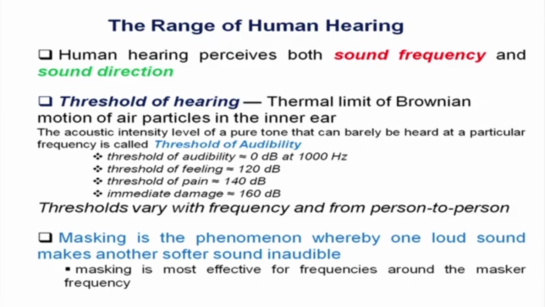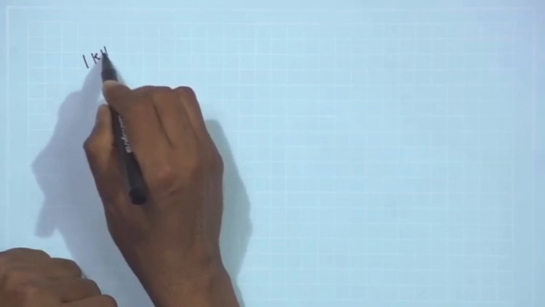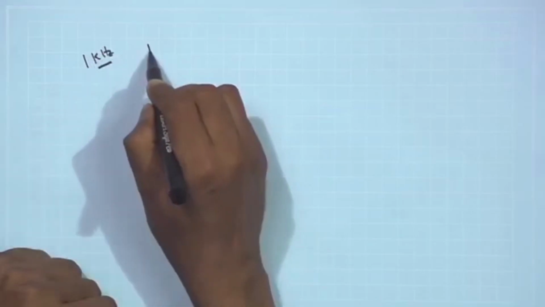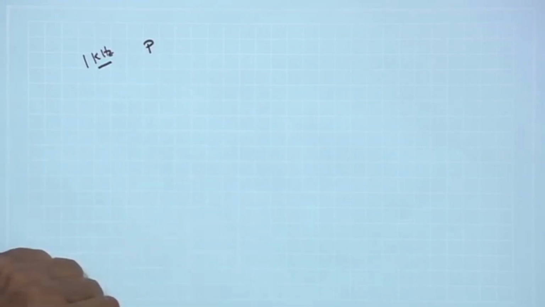So, there is a human threshold of hearing. The threshold of hearing means the minimum acoustical pressure which can create a sensation in our nervous system. Suppose I produce a 1 kilohertz acoustical signal of pressure P which just creates a sensation in the ears of a normal hearing person.